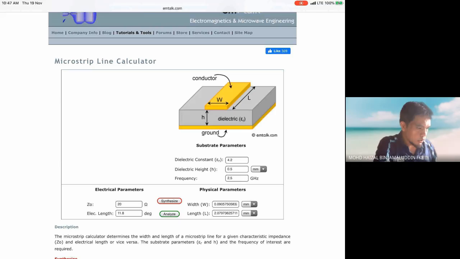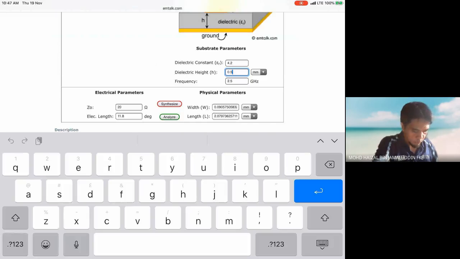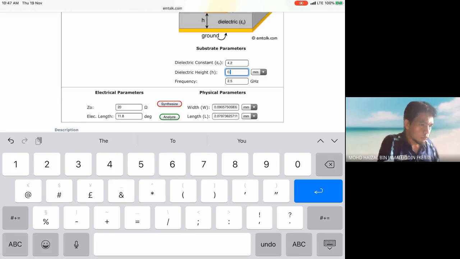Oh, sorry, it's my mistake. Actually we are having D equivalent to 0.158 cm. So this means 1.58 mm, right?